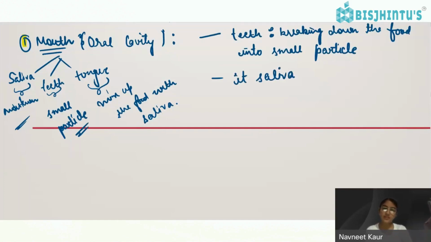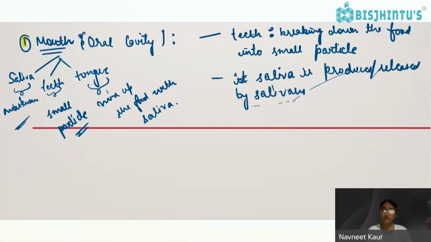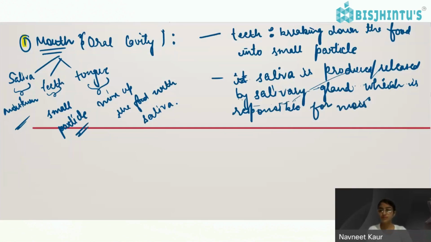Saliva is produced or released by, we can say, the salivary gland, which is responsible for moistening of food and softening it.